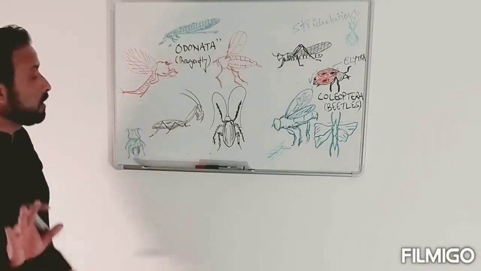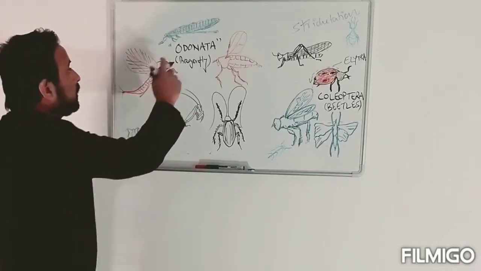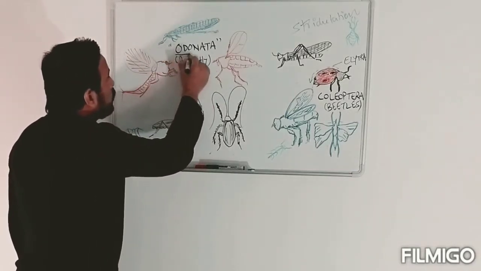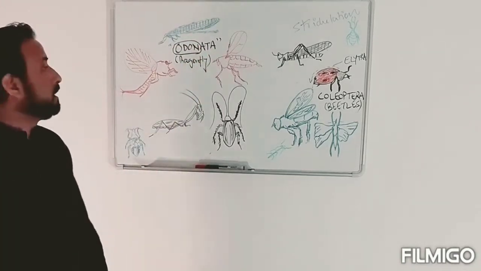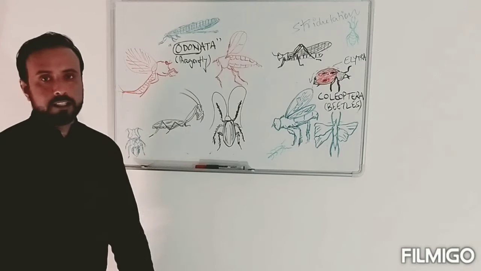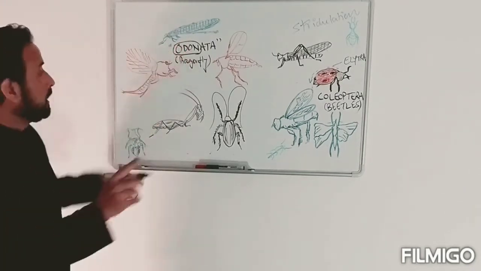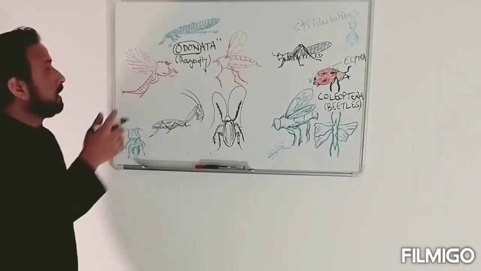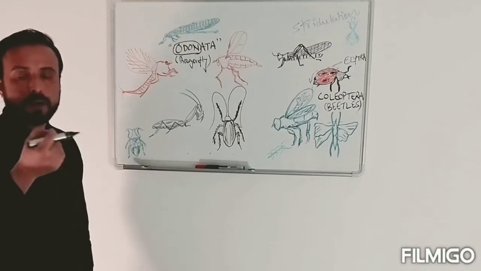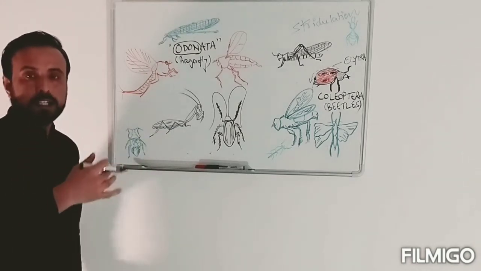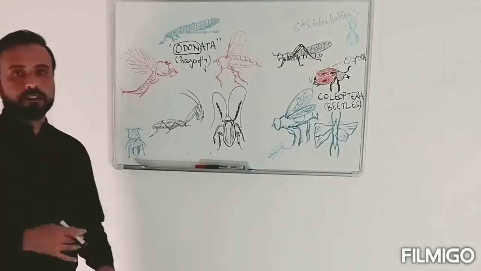Now, although there is no Ptera word here, no wing word, there is one keyword here called odon. Odon in Latin means teeth. So the basic characteristic of Odonata is, because of odon, teeth. The mouth part here, the mandibles. I will discuss what a mandible is in a future lecture on the head, thorax and abdominal region.